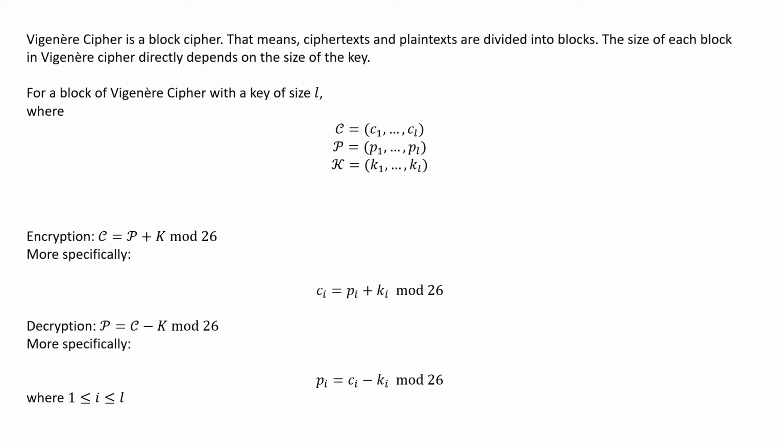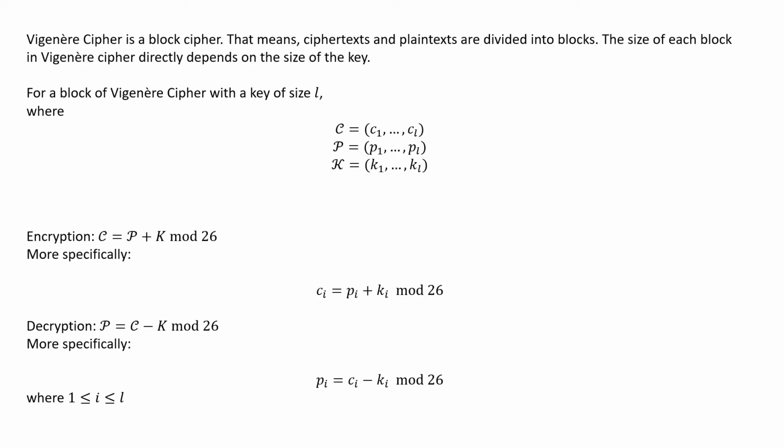For the encryption, we can simply add the elements of the plain text to the elements of the key, element by element, so element-wise addition mod 26. More specifically, the ith element of the ciphertext is given by the sum of the ith element of the plain text plus the ith element of the key mod 26.